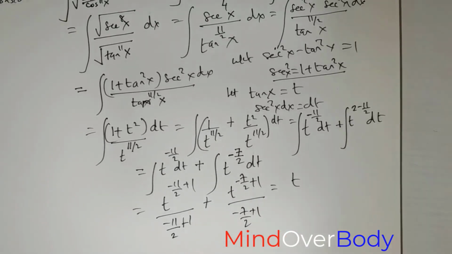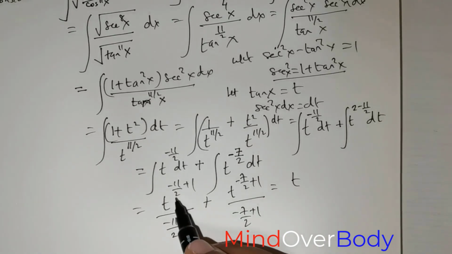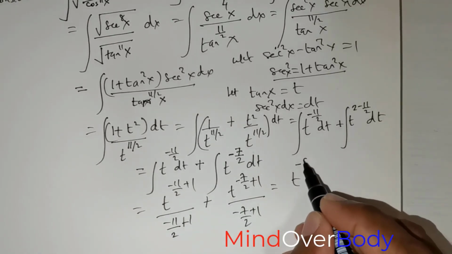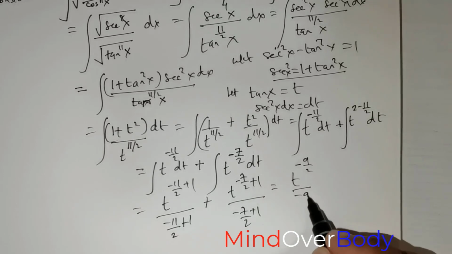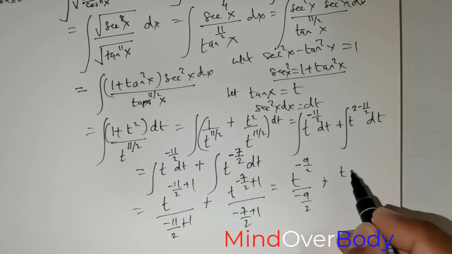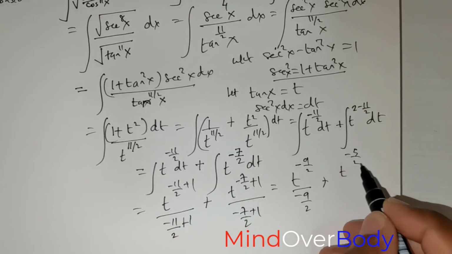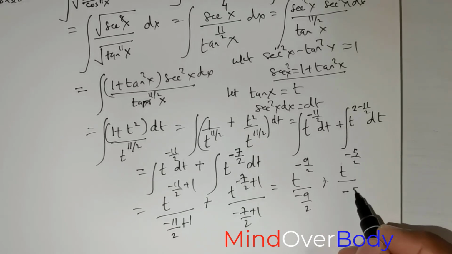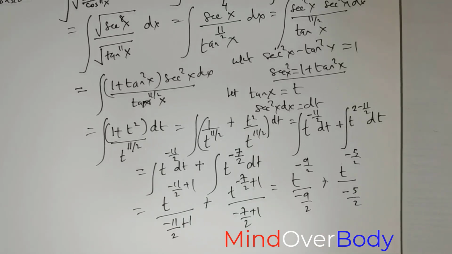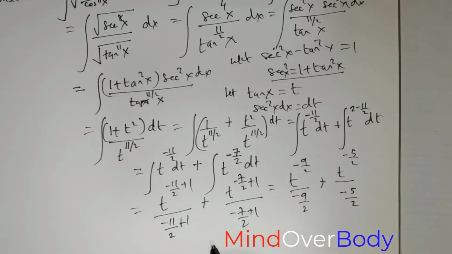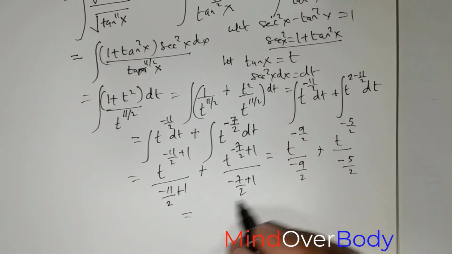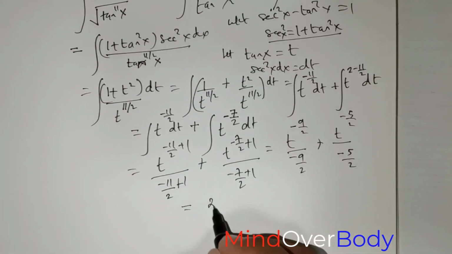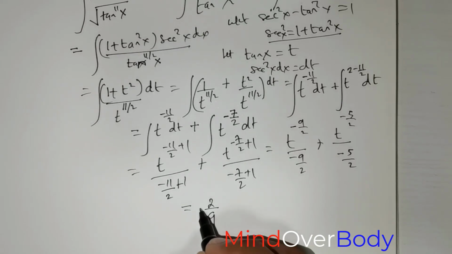Now when you simplify this you get t raised to the power of negative 9 over 2 divided by negative 9 over 2, plus t raised to the power of negative 5 over 2 divided by negative 5 over 2. Now if you were to flip this, you would get 2 over 9 with the negative sign, right?